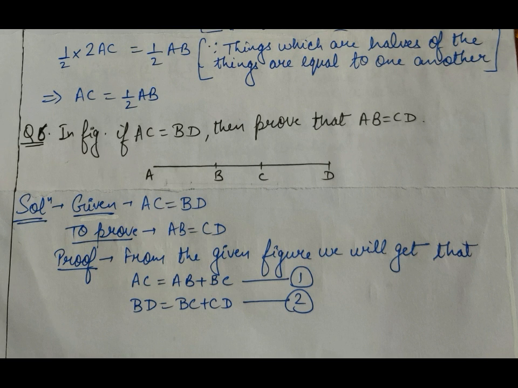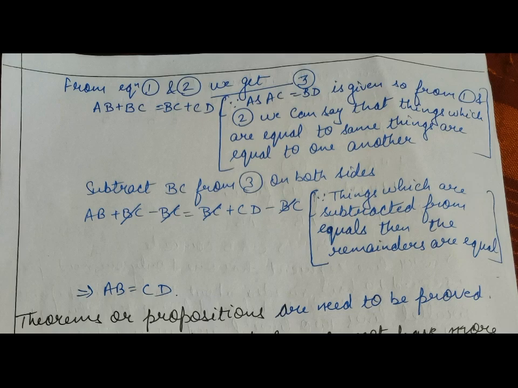From the given figure we will get that AC is equal to AB plus BC, and name it as equation number 1. Now BD can be written as BC plus CD, name it as equation number 2. Now from equations 1st and 2nd, what can we write? We can write it as AB plus BC is equal to BC plus CD.